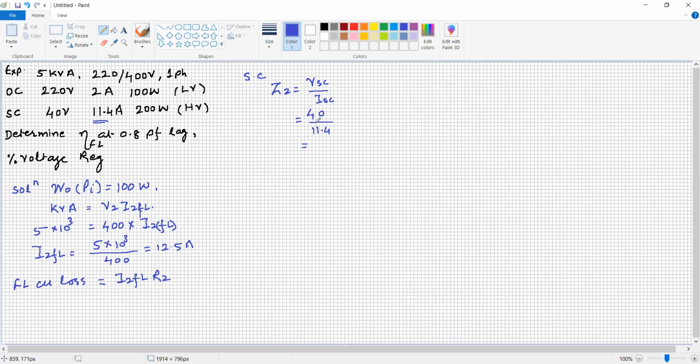Or we can find it by WSC equal to ISC square R2. So 200 is equal to 11.4 whole square into R2. Therefore, R2 is equal to 1.54 ohms.